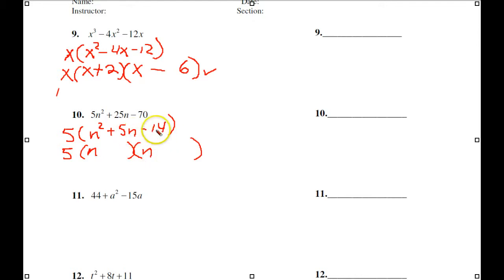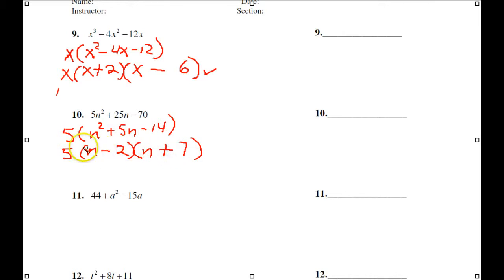Now as I see 14, I see 7 times 2 because the difference of that is going to be 5. So I need a positive for a middle term. So of my factors down here, I'm going to pick the larger number as positive.